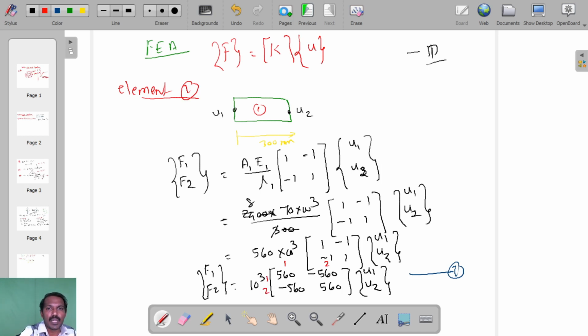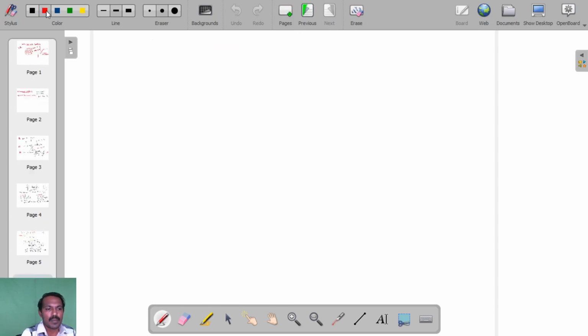Next we find the element 2. So we draw element 2.